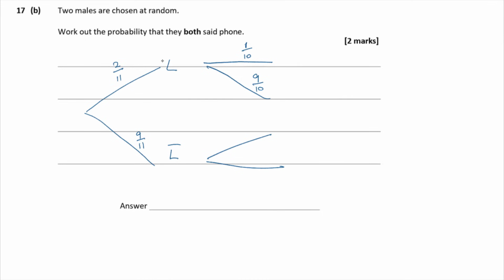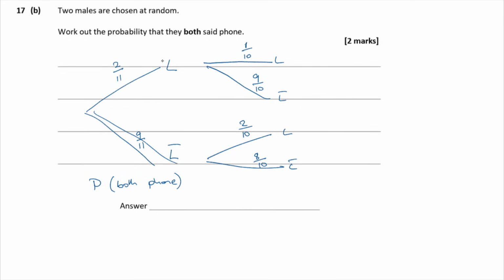Okay, so then in the second route, if I pick not laptop first time round, I've still got the 2 guys who preferred laptops to pick from, but that is out of 10, and I've got one less person who didn't like laptop out of 10 in that direction. So that's laptop, not laptop, laptop, not laptop. So the probability of both phone is just one route through this time.